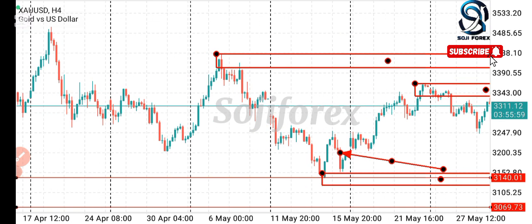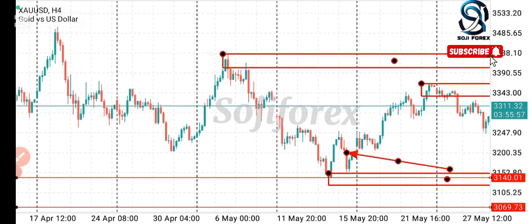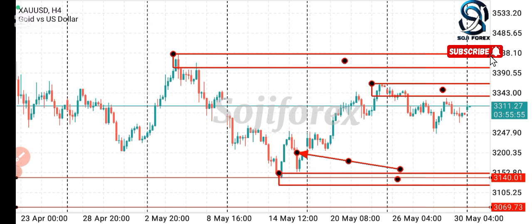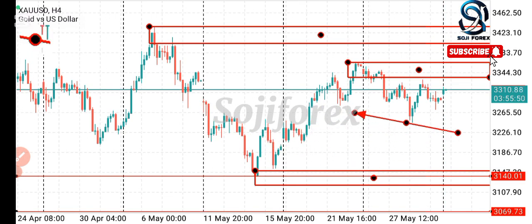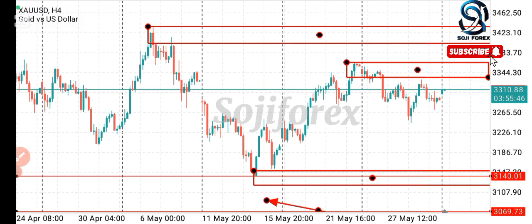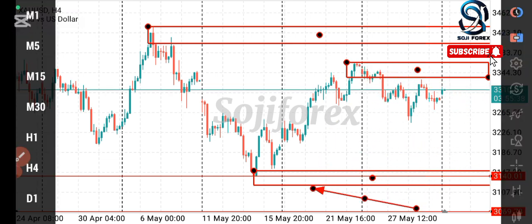So we have our zone marked out in this scenario. So this is how exactly you can mark your support and your resistance zone. So what do we want to see now? We are marking it out and we have identified this level.